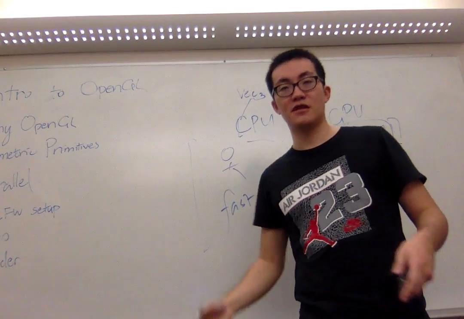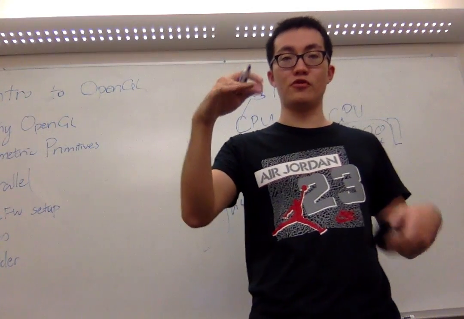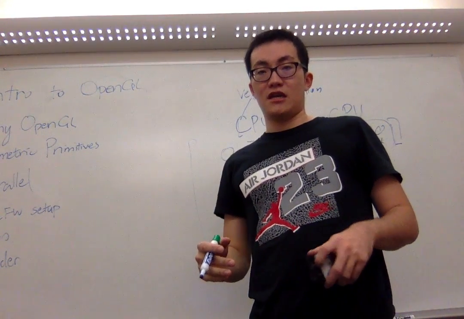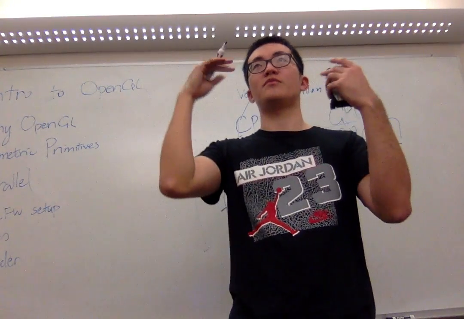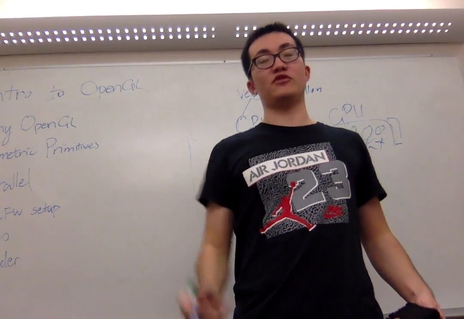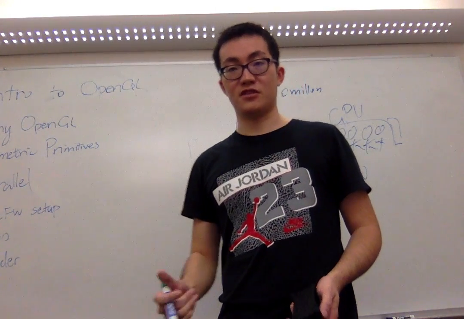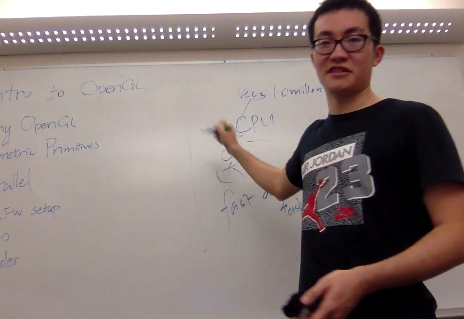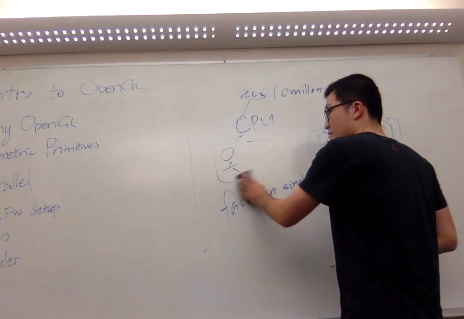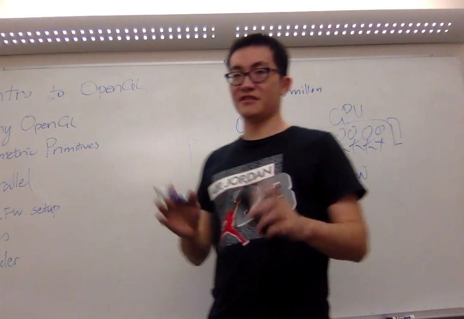For those of you who have played video games, if you are suffering from a frame rate drop, it's basically that your GPU is not powerful enough. And if you run it on your CPU, it will be a disaster, basically in general.